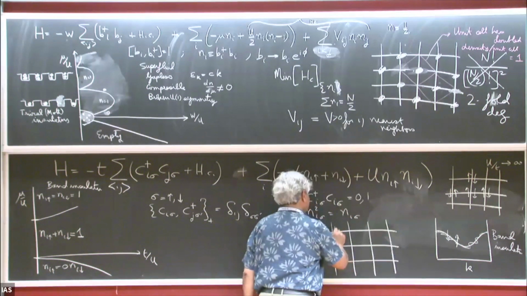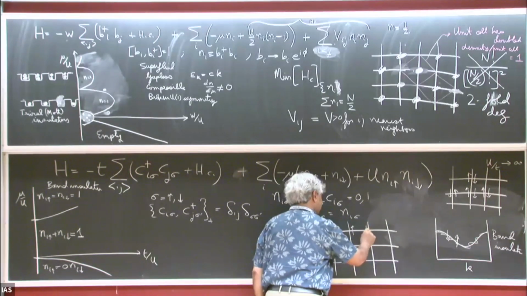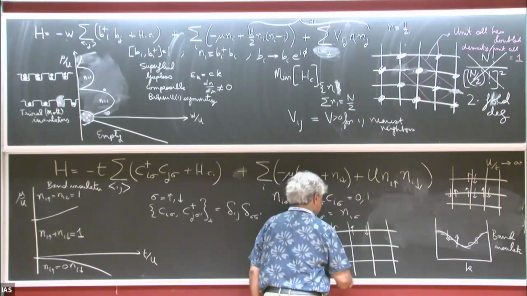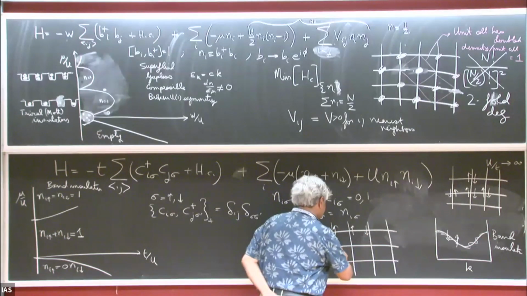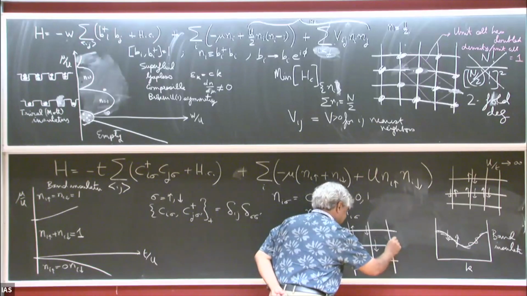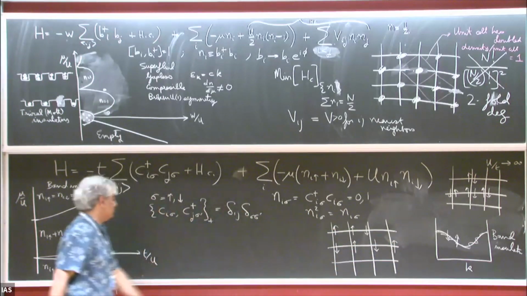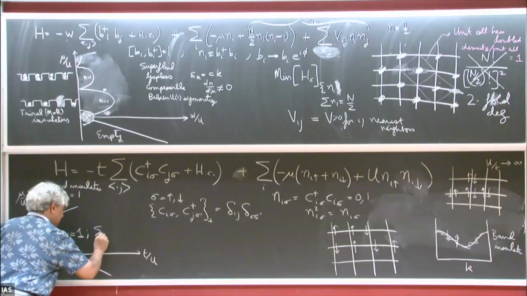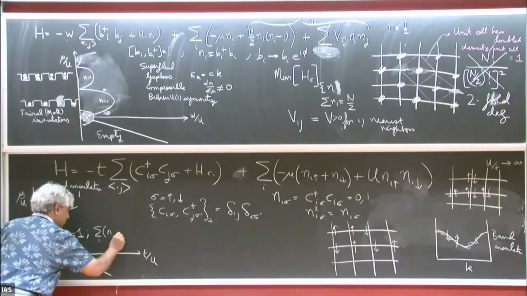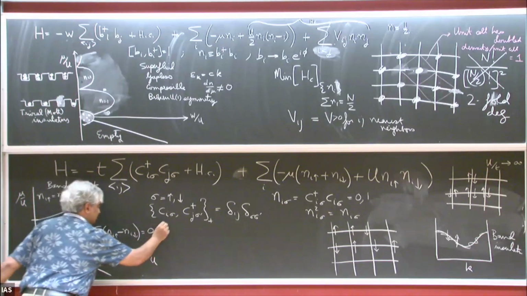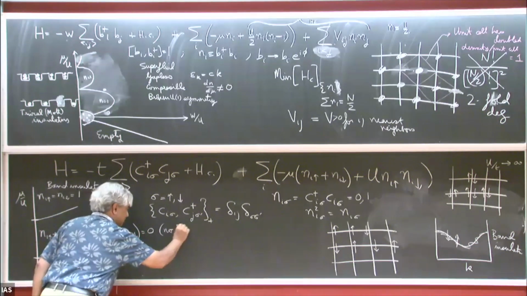You can put a spin up any way you want. And let's say we agree that we want to have total spin 0 states, because we're not really interested in ferromagnets, although there's no problem with including that. So let's also say that the sum over i of n_i up minus n_i down equals 0. So no ferromagnetism.